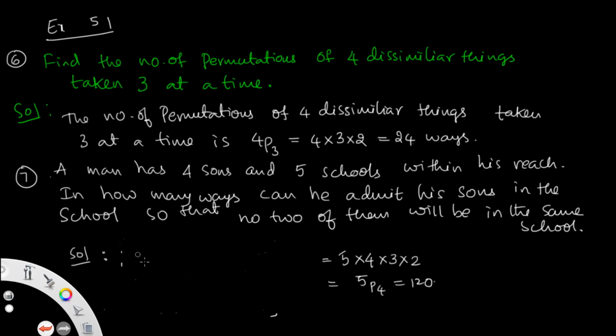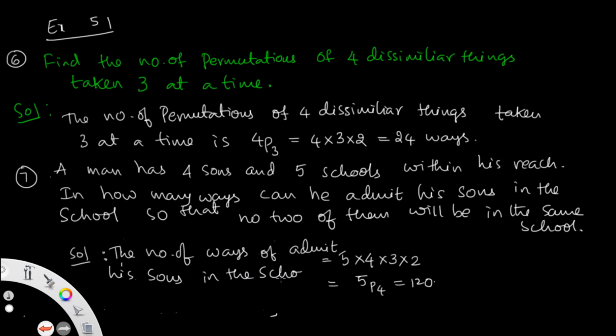So that is the number of ways of permuting or admitting his sons in the school, with no two of them in the same school.